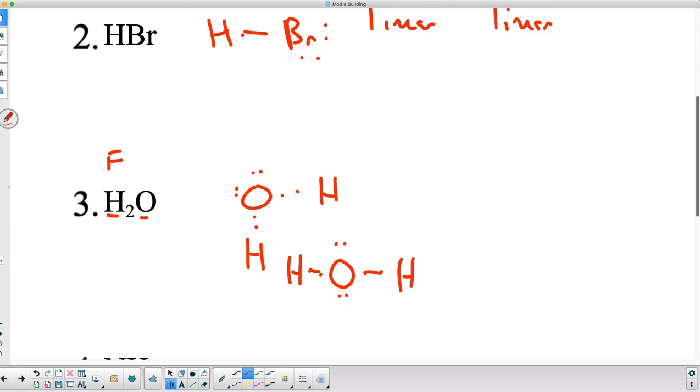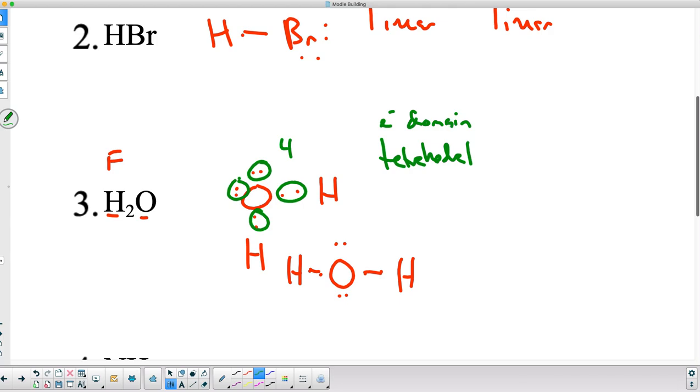Well, it can't be linear because when we do the electron domain geometry, we count the number of groups, whether they're bonding pairs or non-bonding pairs. So this would be 4. So 4 is tetrahedral. Okay, so tetrahedral for the electron domain.